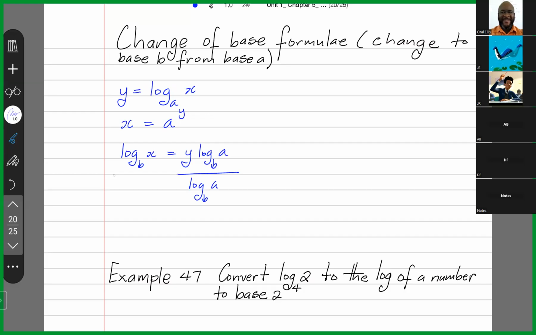I'm going to get y is equal to log. So remember y, which is what? Log to the base A of x is equal to log to the base B of x divided by log to the base B of A.